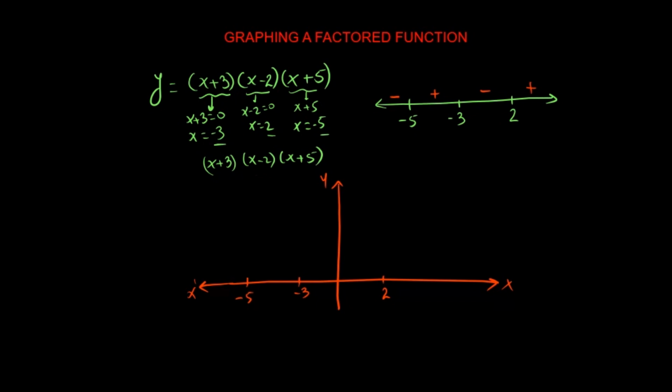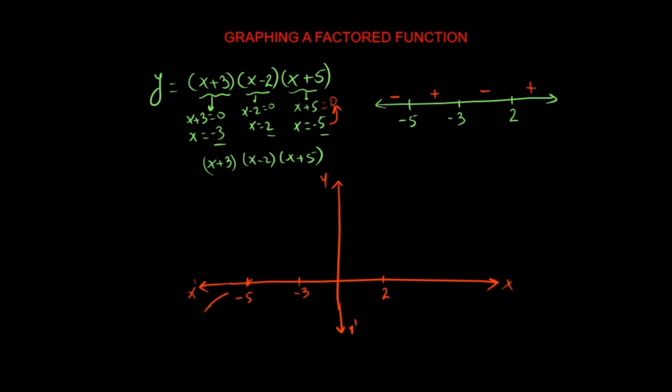So before minus 5 would be on the left side of minus 5. And the function is negative. We know that the function is the same as y. That means y is negative. And we know that y is negative when we go below the x-axis. So the graph has to be in this region below the x-axis. And it has to cross at minus 5, because at minus 5 the graph is becoming 0. So below the x-axis the graph is somewhere here and it has to cross this point.